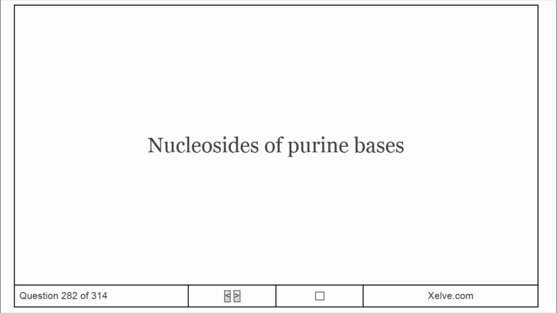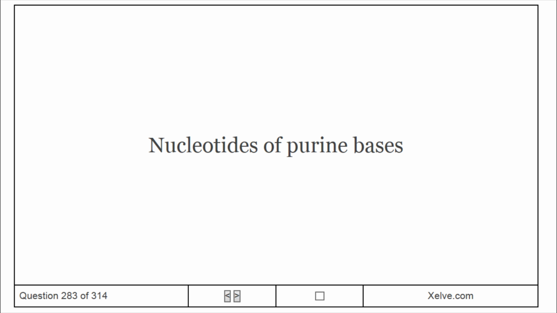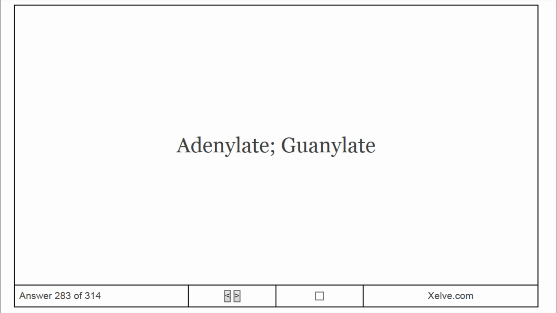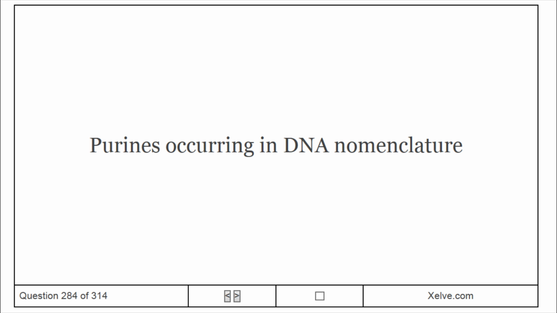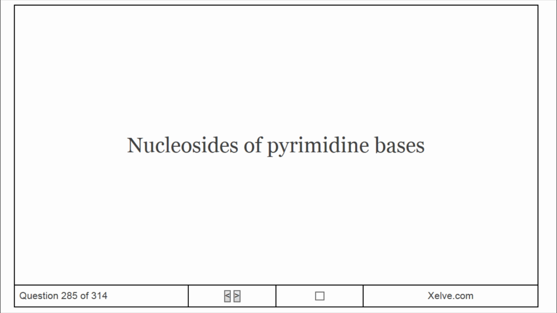Nucleosides of purine bases: adenosine, guanosine. Nucleotides of purine bases: adenylate, guanylate. Purines occurring in DNA nomenclature: deoxyadenosine, deoxyadenylate, deoxyguanosine.